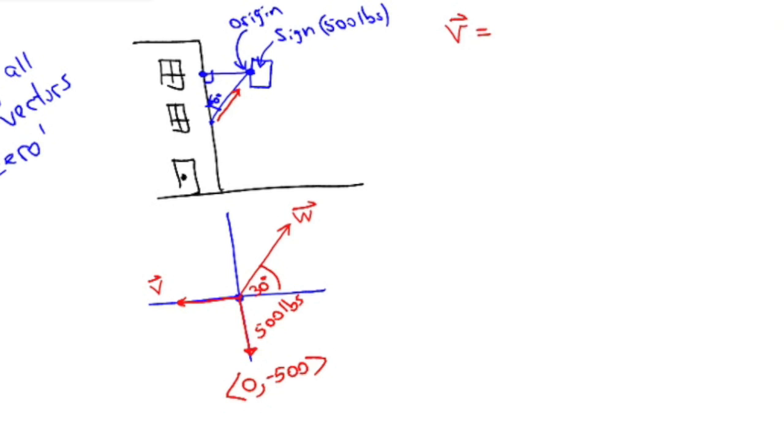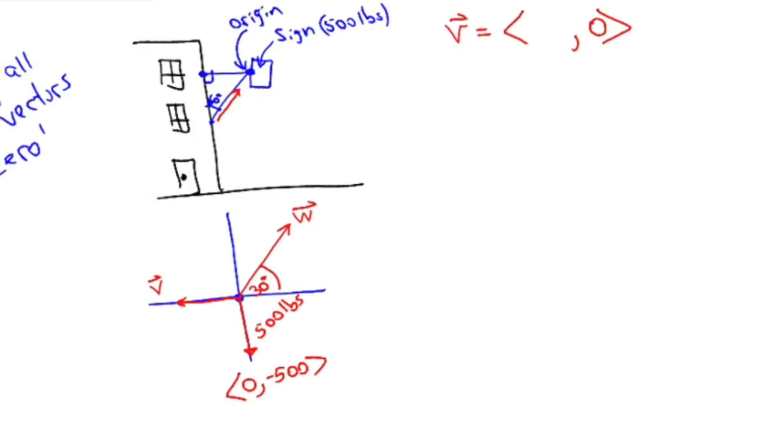Well, this one was 0, -500, because it was going straight down. This one's going straight to the left, so what's its... 0. Which one's 0, the x or the y part? The y, because x is moving and y is not going up and down. So for one thing, I know that the second component is 0.